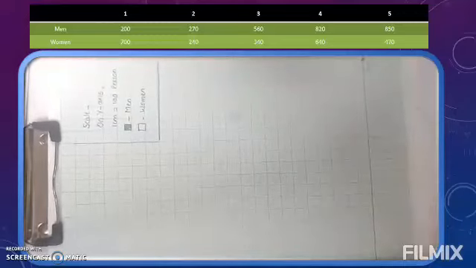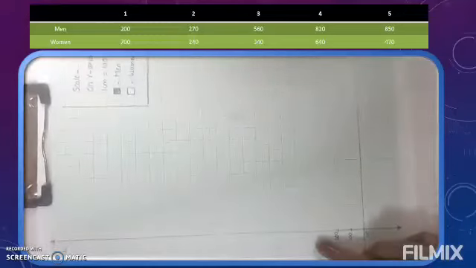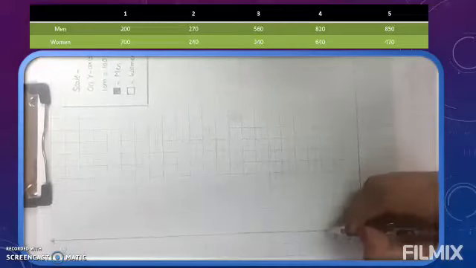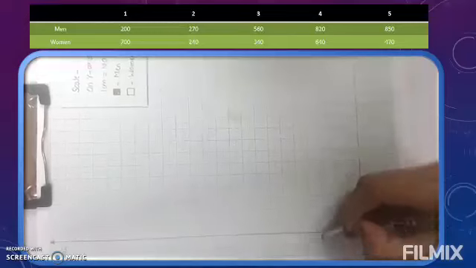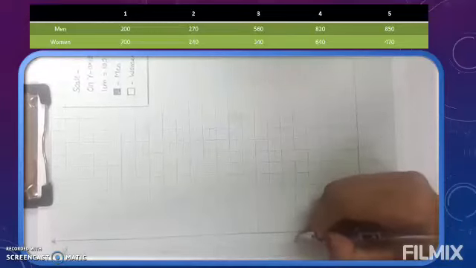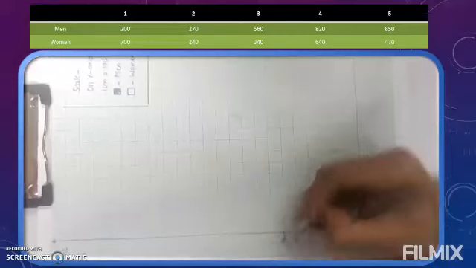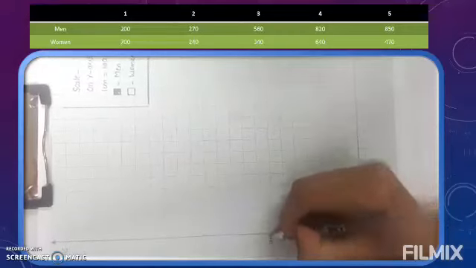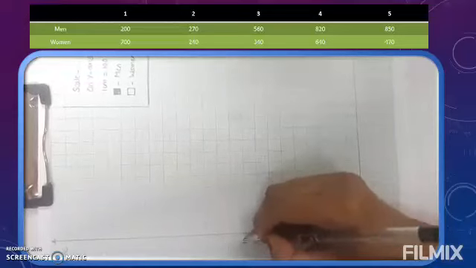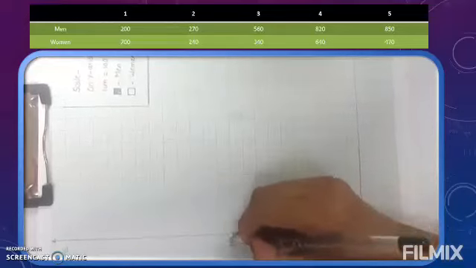So what we will write: 100, 200, 300, 400 and so on. We will write the scale. So 100, 200, here I will write 300, 400, 500, 600, 700, 800, 900, then 1000.